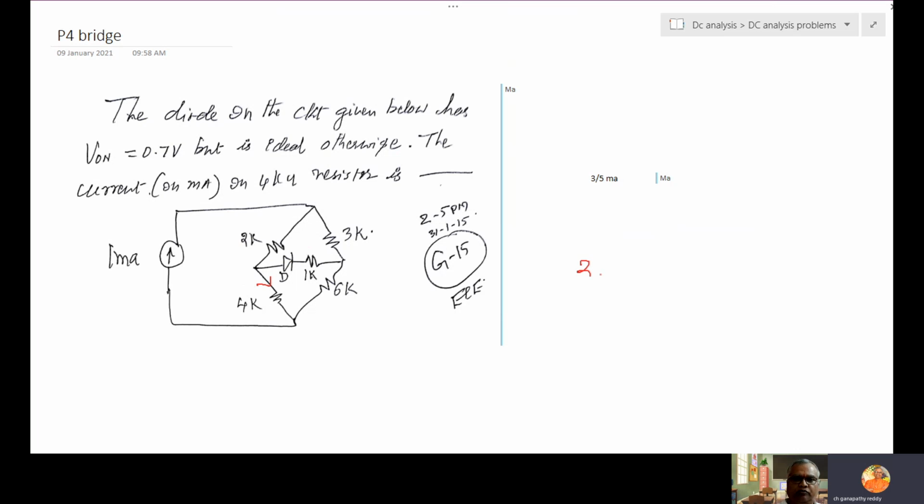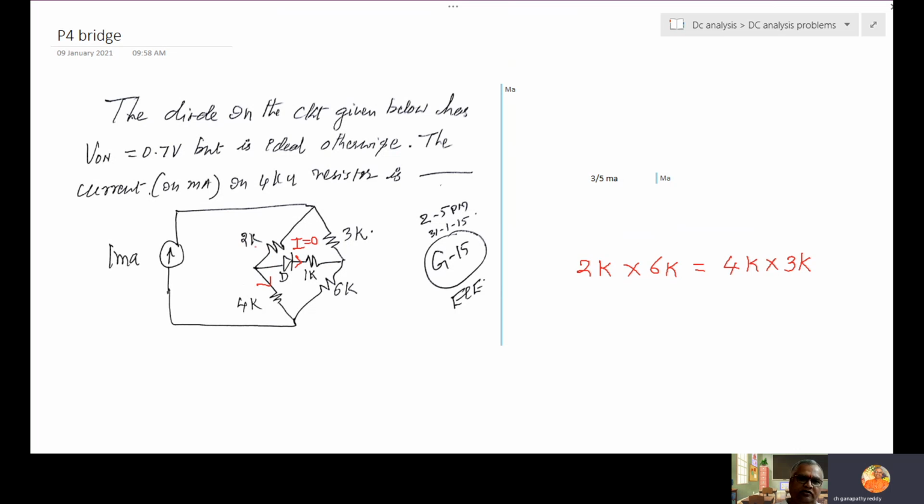If you multiply opposite arms, 2K into 6K is equal to 4K into 3K, both sides 12, 12 equal to 12. That means the bridge is balanced. When the bridge is balanced, what is the current here? 0. Current 0 means open.